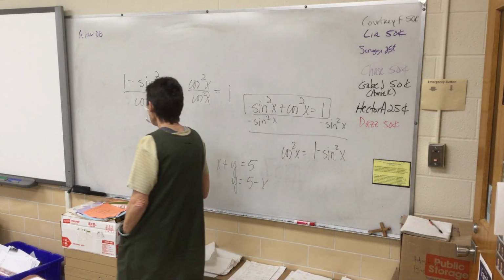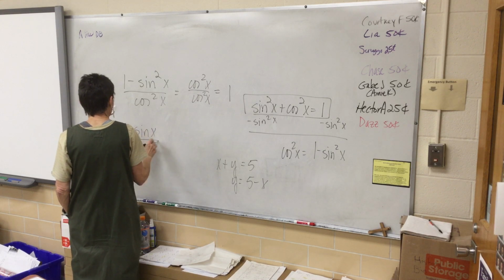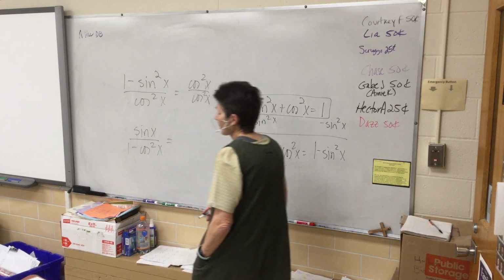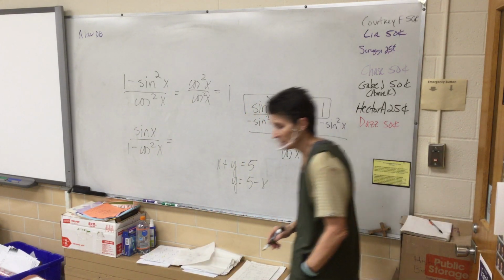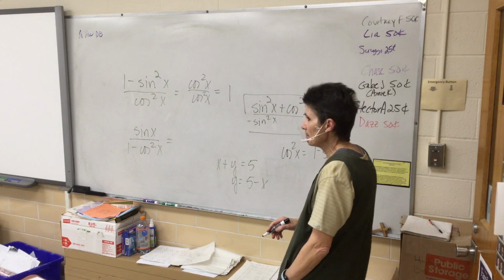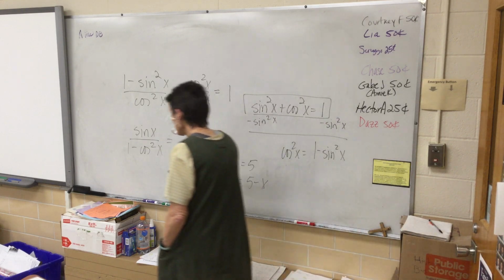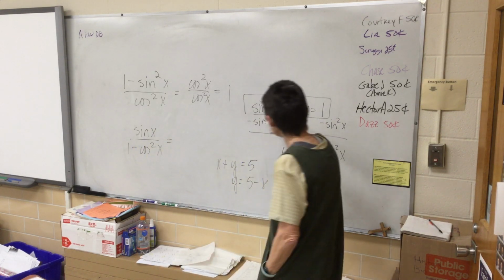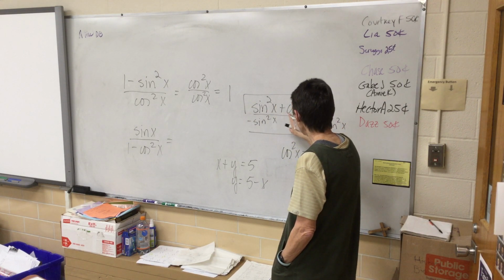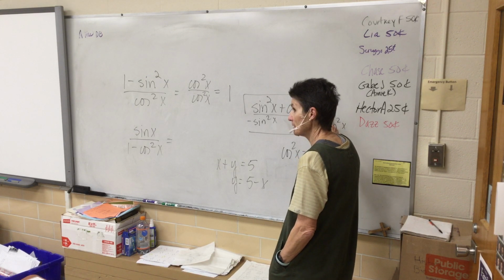All right, so what if we had sine over 1 minus cosine squared? Well, aren't we going to do the same thing? What is 1 minus cosine squared? Think about this equation. If you brought the cosine squared over, minus this over here, what would 1 minus cosine squared equal?